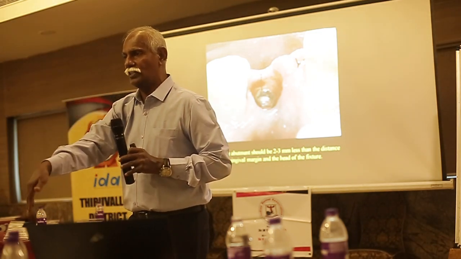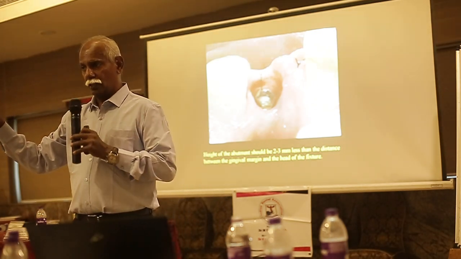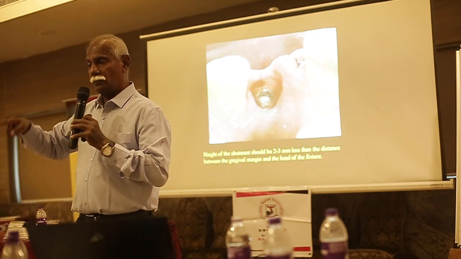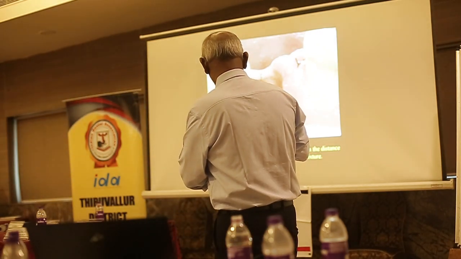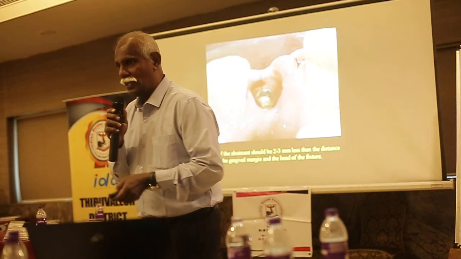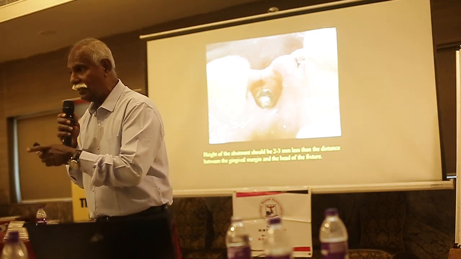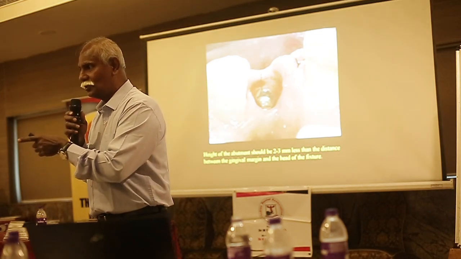Now how are we going to decide, to get an emergence profile? The height of the abutment should differ by 2 millimeter from the soft tissue height. How do we measure? From this point to the head of the implant, you measure the distance. If it is 5 millimeter, select an abutment that is shorter by 2 millimeter, that is 3 millimeter. 5 minus 3 is 2 millimeter.